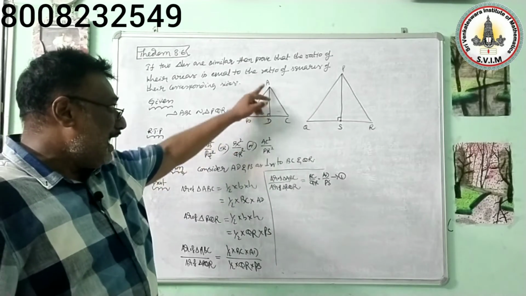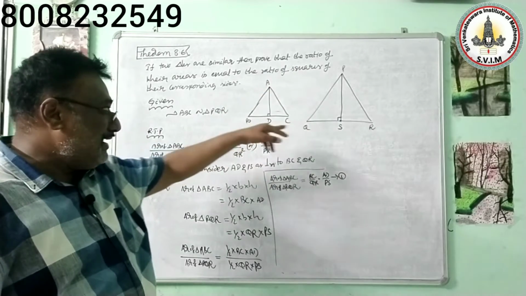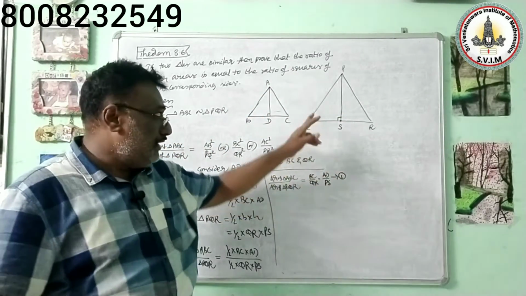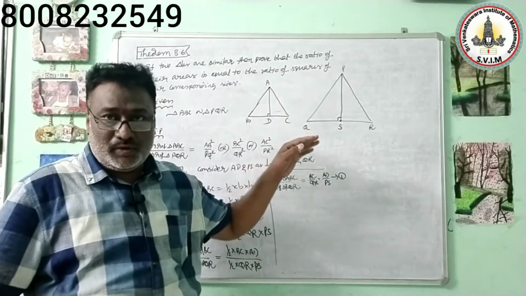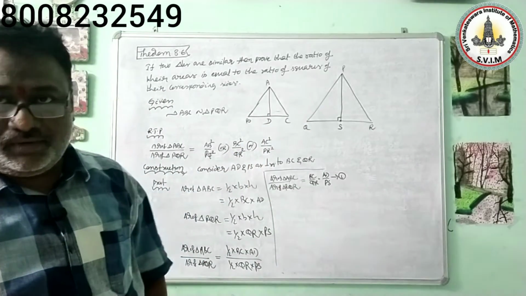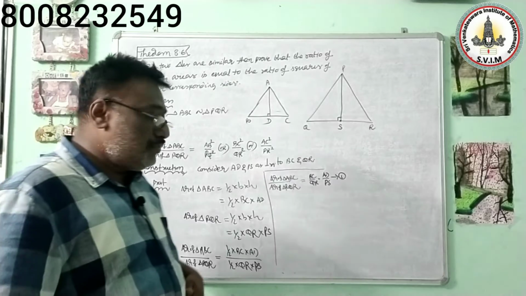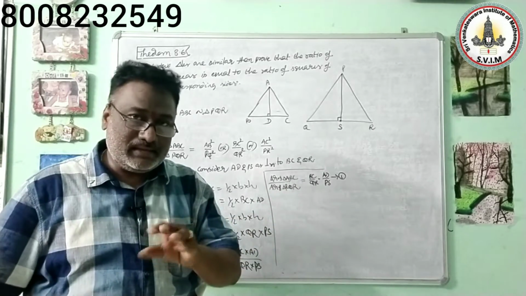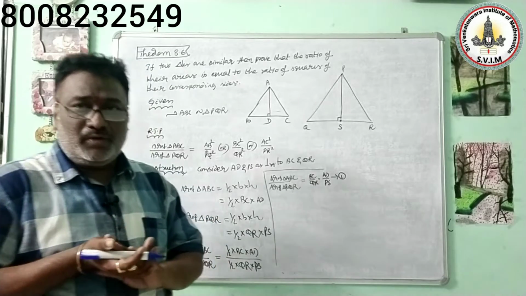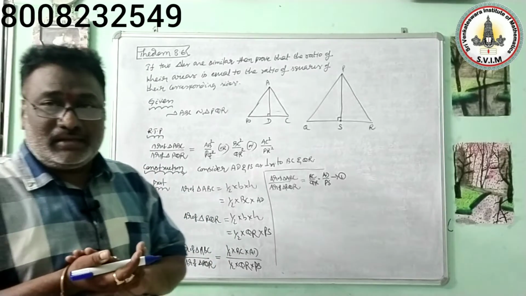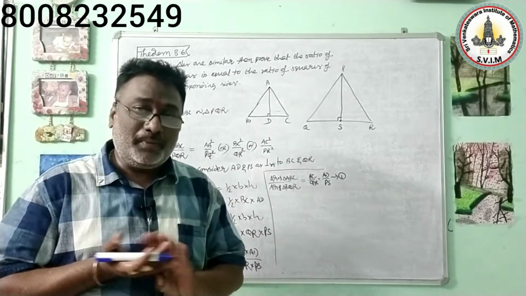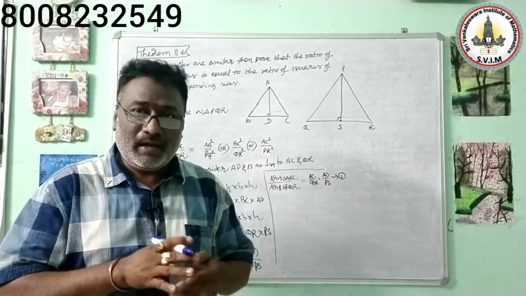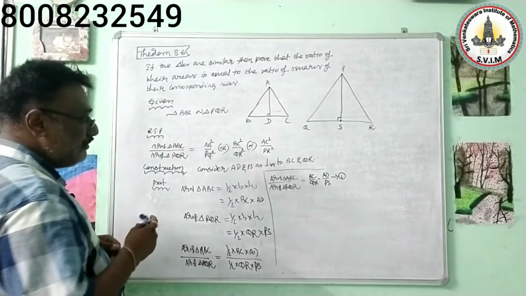That's why angle ADB is equal to angle PSQ is equal to 90 degrees. So in these two triangles two pairs of corresponding angles are equal. Whenever in two triangles two pairs of corresponding angles are equal, the two triangles are similar. When two triangles are similar, three pairs of corresponding sides in them are in proportion. By taking that, we need to prove the problem. Yes, now listen to me.